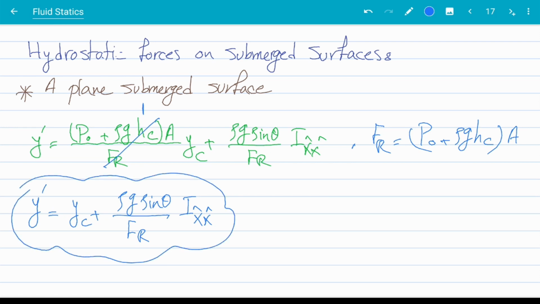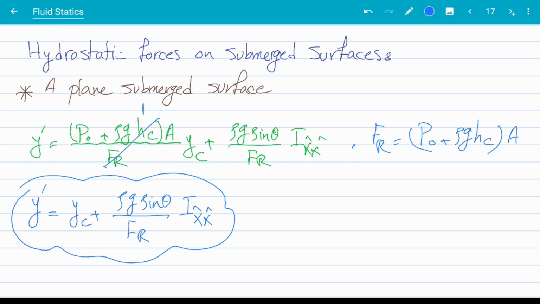So this was the equation that we were looking for. These two equations on this page show you both the magnitude of the total force and the location of this total force for a plane submerged surface based on the absolute value of the pressure.